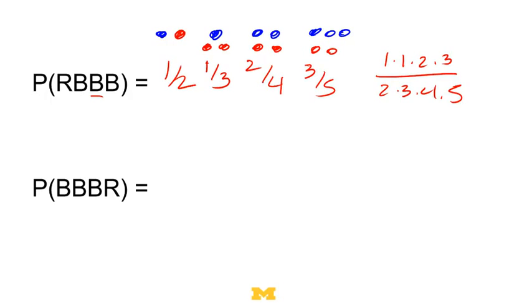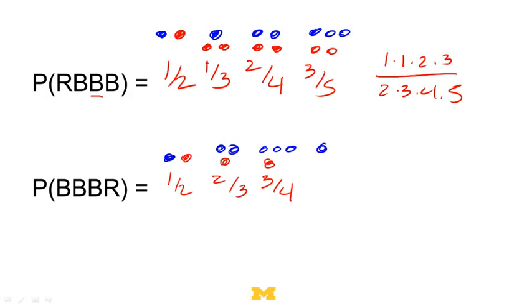Now let's suppose I'm down here and I pick blue, blue, blue, red. Well, I start out again with one blue, one red, so the odds of picking the blue ball are 1/2. But now I've got 2 blue balls and only 1 red ball, so the odds of picking a blue are 2/3. I pick another blue, so I've got 3 blue balls and only 1 red ball, so the odds of picking the blue are 3 out of 4.